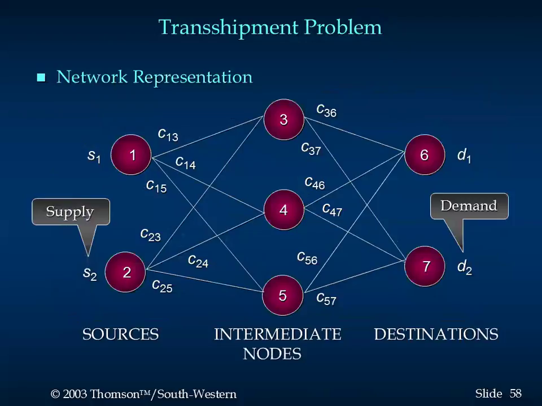On the left side, we have sources, in this case 2 supply points with fixed supply, and on the right side, destinations or demand points with fixed demand. Intermediate points are points like warehouses or through points. So we ship it to some other point, where it's maybe combined with other things and carried to the destination.